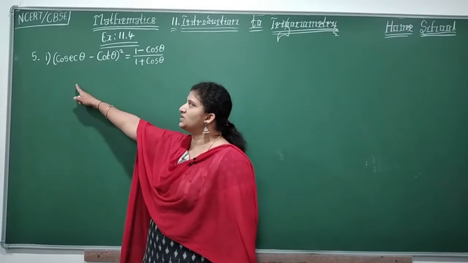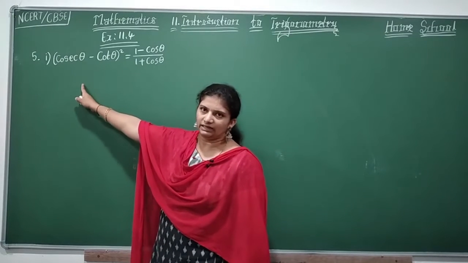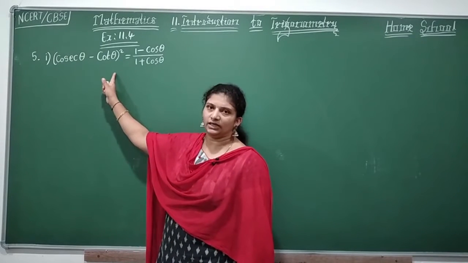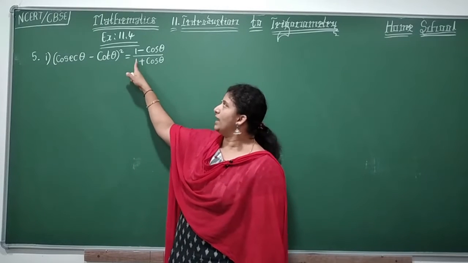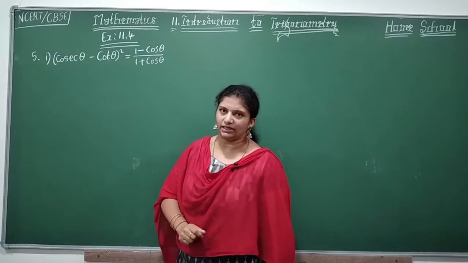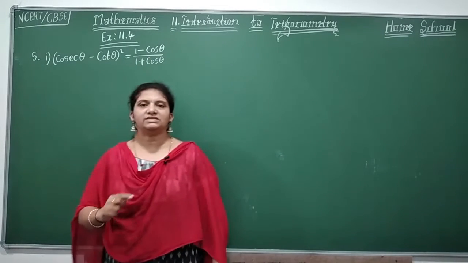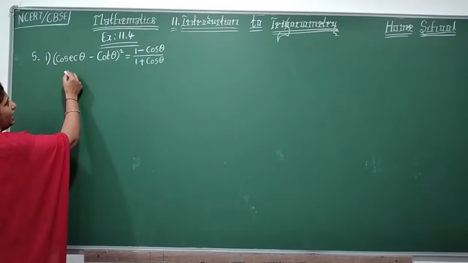See the first question here, the first sub question in your 5th sum. Cosecant theta minus cot theta whole square is equal to 1 minus cos theta by 1 plus cos theta. So, how do we start our problem?